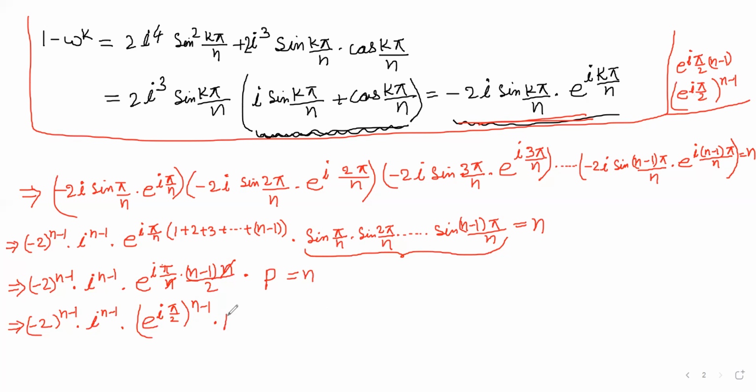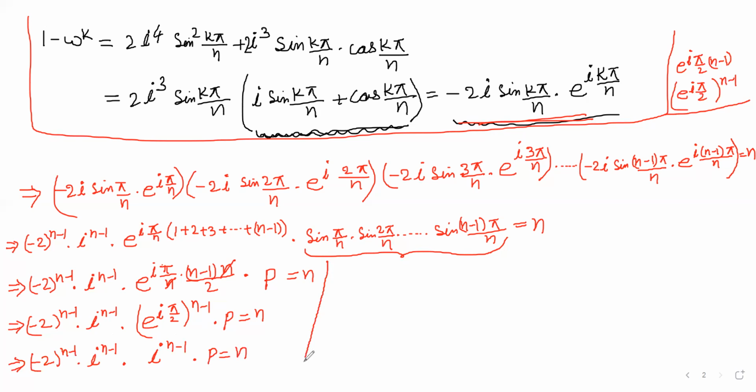And into p, that is equals to n. Next time you can see minus 2 to the power n minus 1 into iota to the power n minus 1 into, and e raised to iota pi by 2 is going to be again iota. So iota to the power n minus 1 and into p is equals to n.